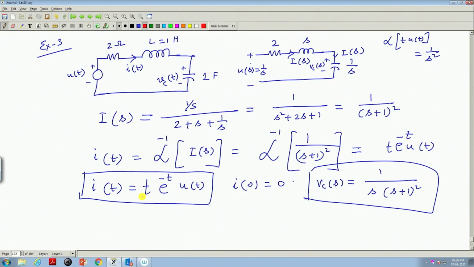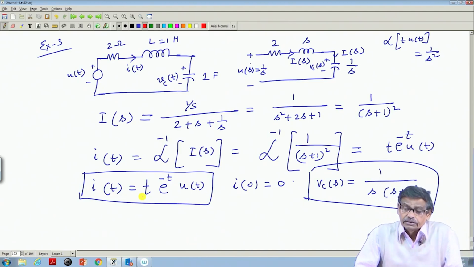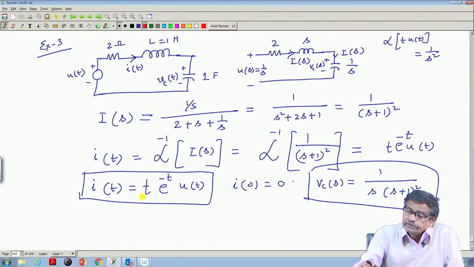So, in this lecture, what my primary focus was to tell you that if there are no initial conditions, then you do not even have to write down the differential equation. Straight away redraw the circuit in S domain and write some general impedance Z s. So, V s by Z s is equal to I s.